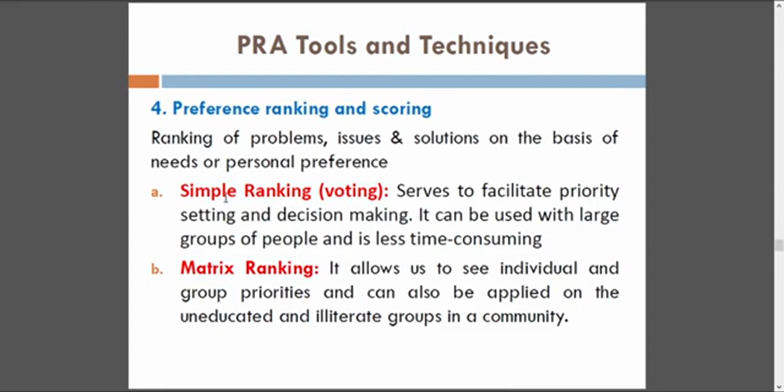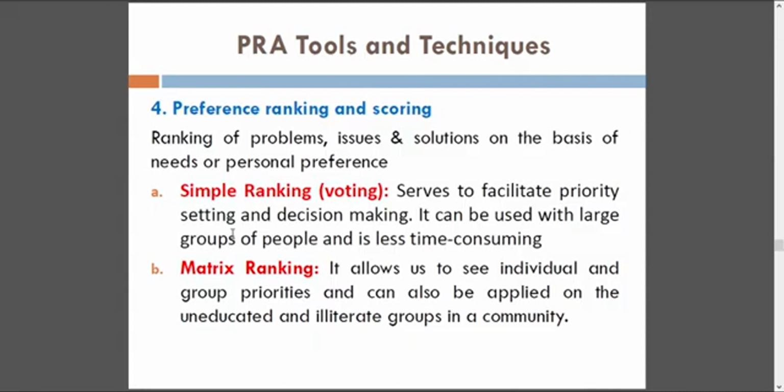We can rank opportunities, we can rank problems, we can rank solutions, and many other issues. We can have the simple ranking, which is done by voting. So this serves to facilitate priority setting and decision making.